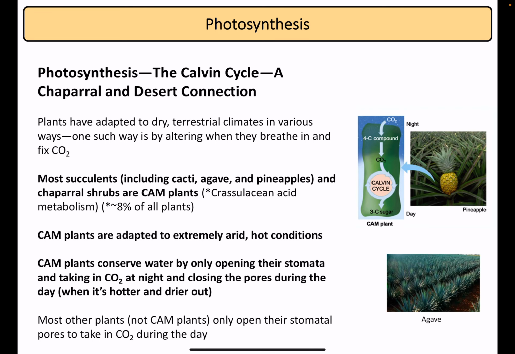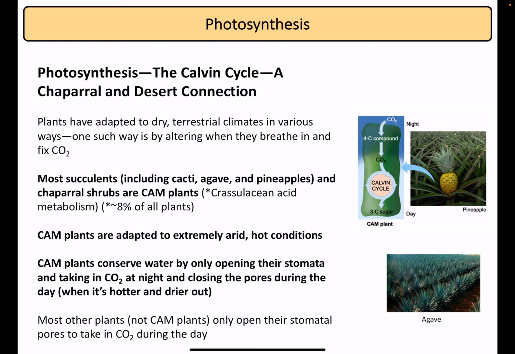Then I have one last slide here, which is just a little bit more about the Calvin cycle. So it says the Calvin cycle, a chaparral and desert connection. So I want to point out that some plants have adapted themselves to really dry, arid, terrestrial environments. And the way that they've done so is by only opening their stomatal pores during certain parts of the day.